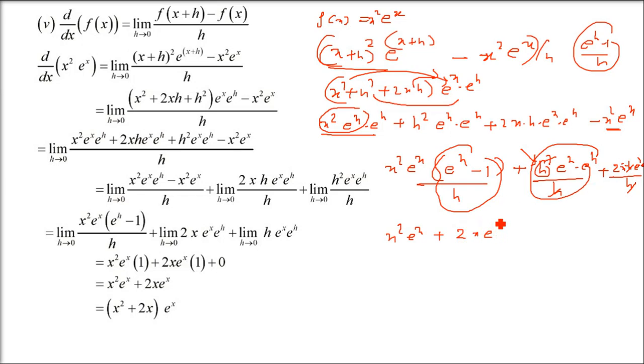So 2x e raise x, and e raise h was already there, and when you put h as 0, e raise 0 is 1. As I suggested you earlier, anything to the power 0 is 1. So it is going to be only 2x e raise x. Okay, e^x (x square plus 2x), this is going to be the answer. I am taking e^x outside.